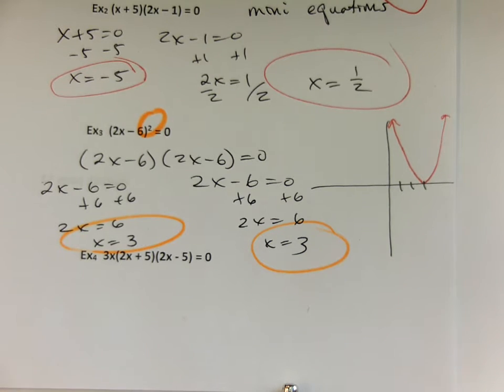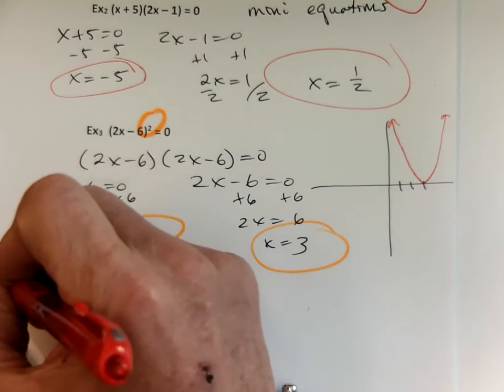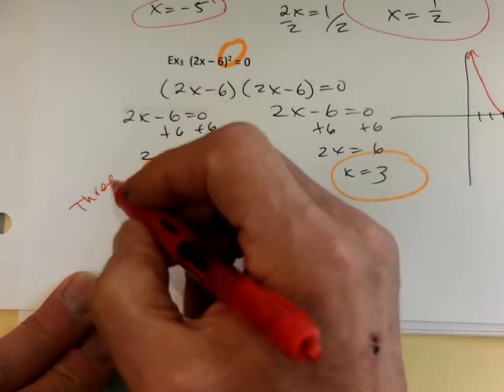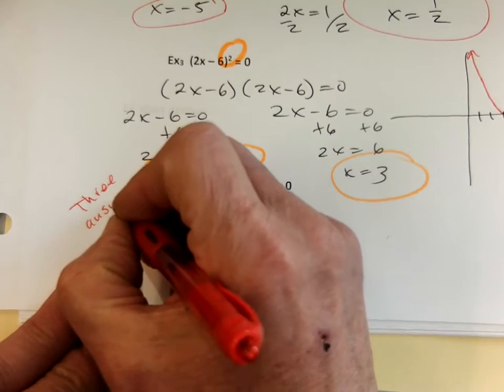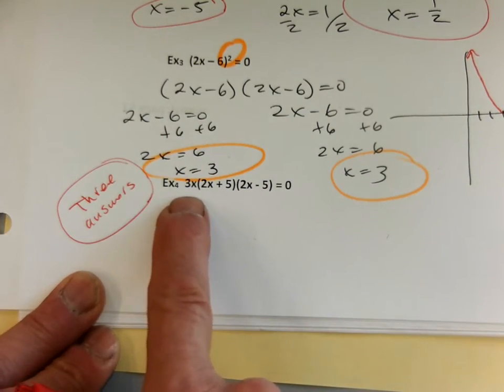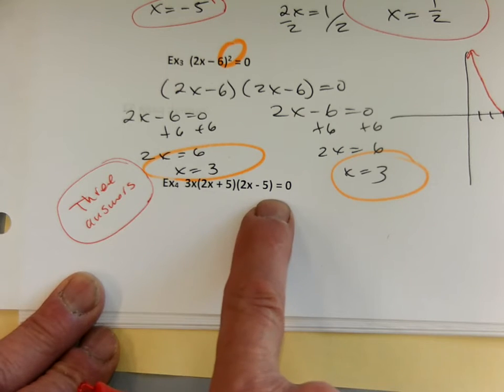Okay, example 4. How many answers do you think example 4 should have? 2? Well, we're going to add one more. We're going to have 3 answers. Why am I saying we should have 3 answers? Well, there's a 3x, a 2x plus 5, and a 2x minus 5.